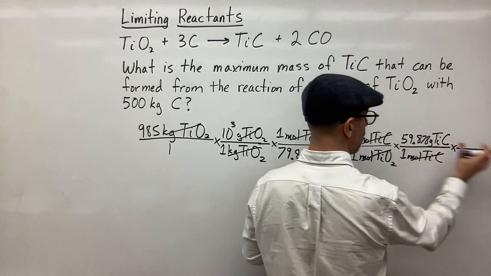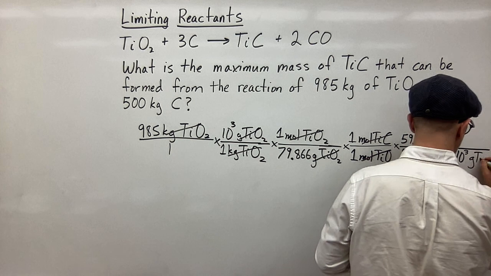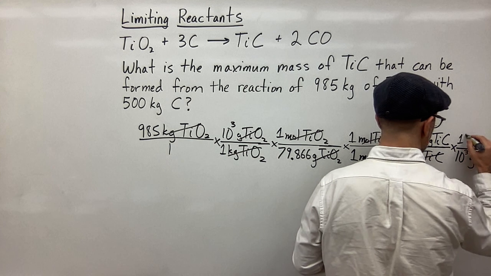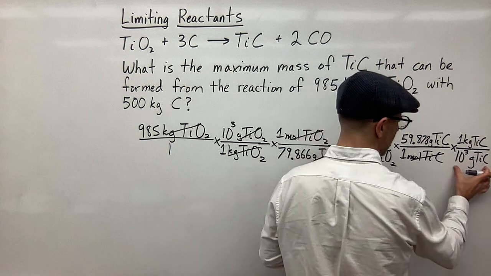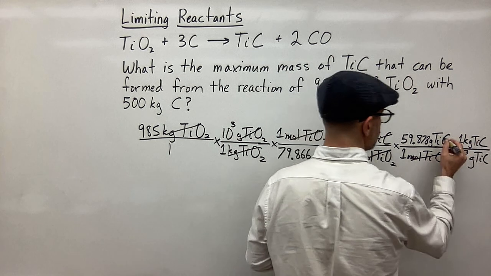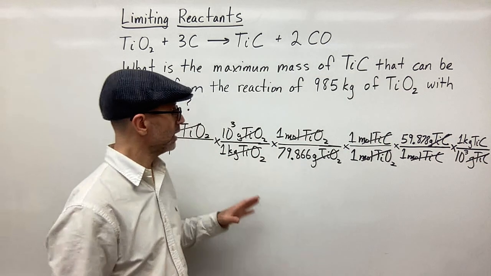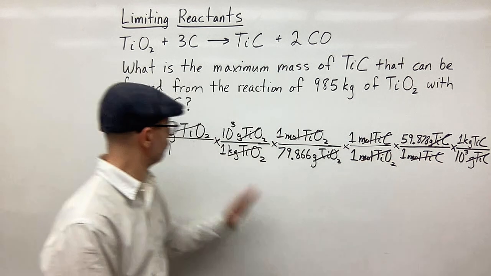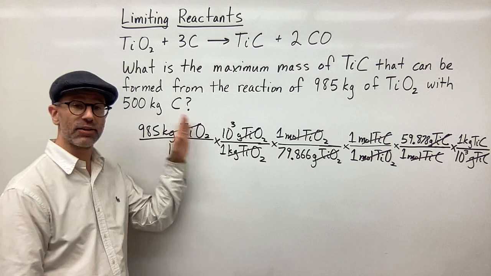So I'm going to put 1,000 grams, or 10 to the third grams, of TiC on the bottom, and then on top I'm going to put 1 kilogram of TiC. So grams of TiC cancel out. Now I have kilograms of TiC, and so now I can calculate the amount of TiC formed from this amount of TiO2, assuming that this reacts completely.